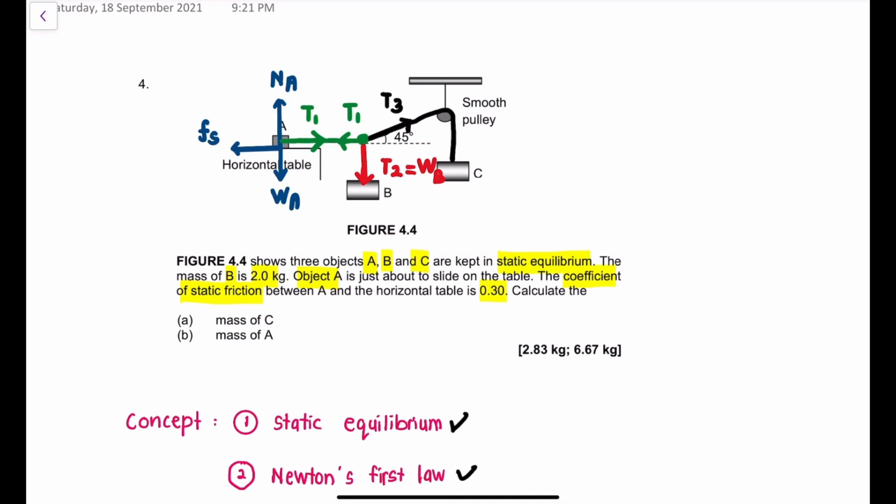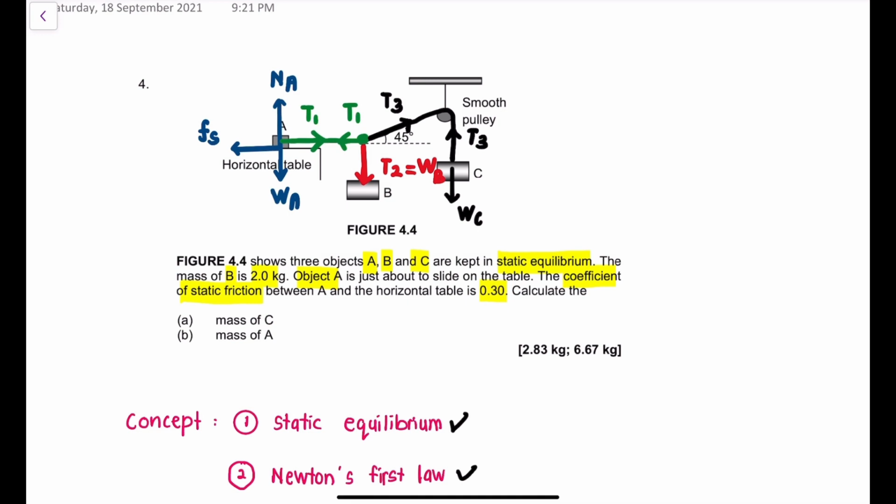Then, when we draw the free body diagram for object C, this is the T3, and then this is the WC. Alright.